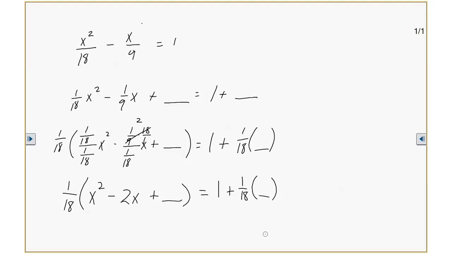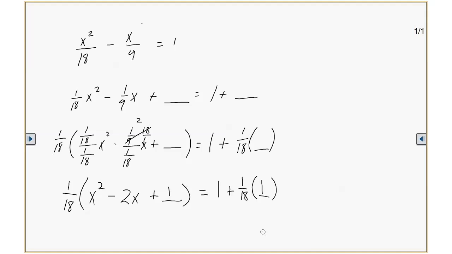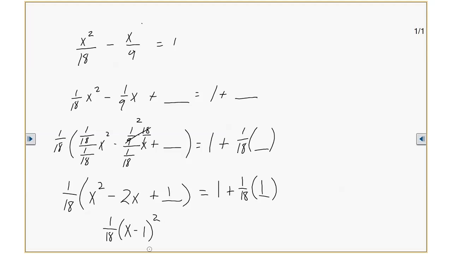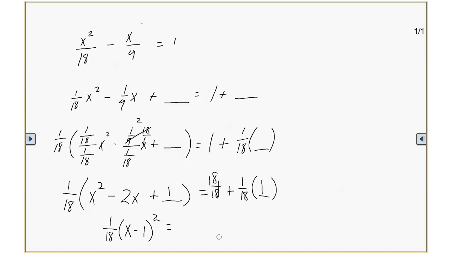Now, what's half of 2? 1 squared. So 1 over 18, x minus 1 squared is equal to 19 over 18.